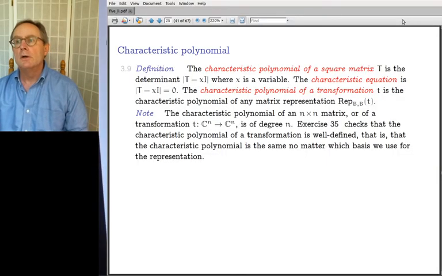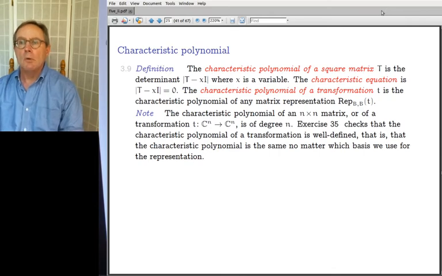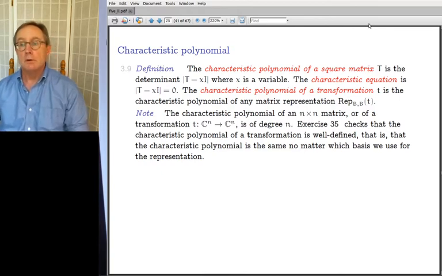All right, very good. So now we're ready to finish off. So we already saw that you get a polynomial, and that the polynomial can sometimes be awkward to factor, but nonetheless you get a polynomial. That's called the characteristic polynomial of the square matrix T. The characteristic polynomial of the square matrix T is the determinant of T minus xI, where x is a variable.